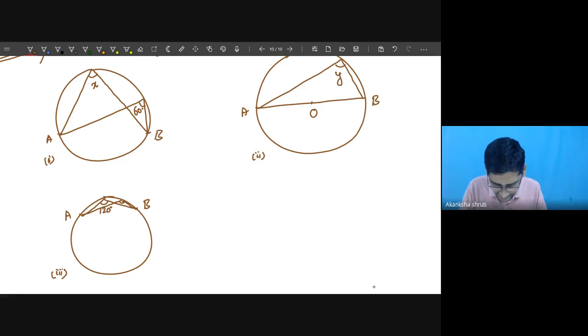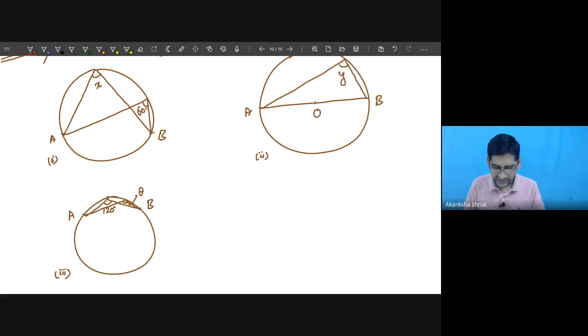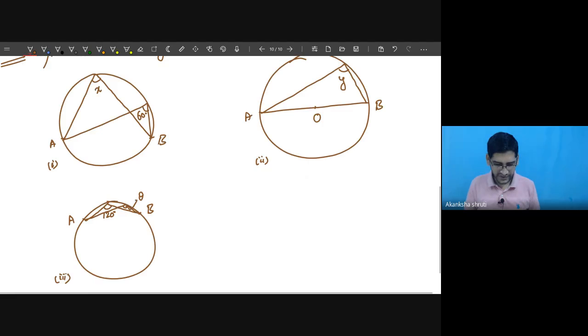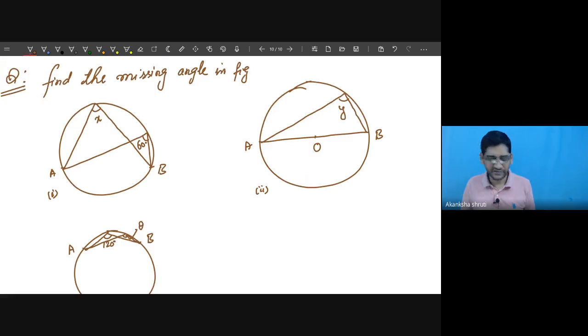Consider this as theta. This angle that we are considering is the angle theta. Okay, the missing angle. Tell me, what is the value of X?